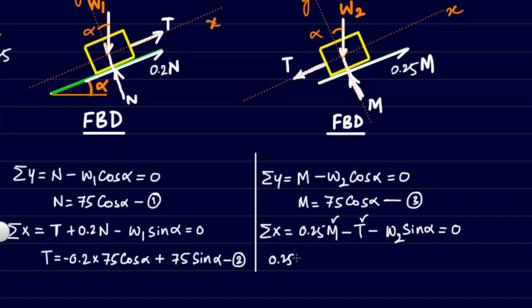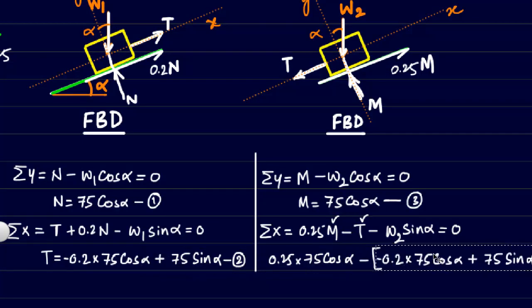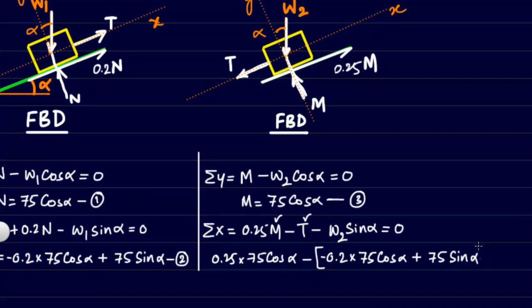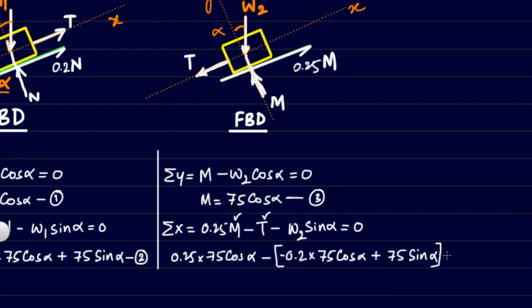So we get 0.25 times M, M being 75 cos alpha, then minus T. T we have to substitute from here. Let me take all this equation from here as it is and keep it over here. Then we have minus W2 sine alpha, so that will be minus 75 sine alpha.